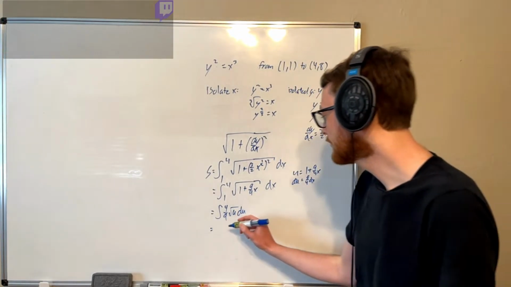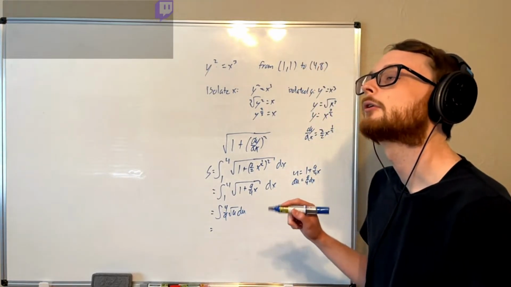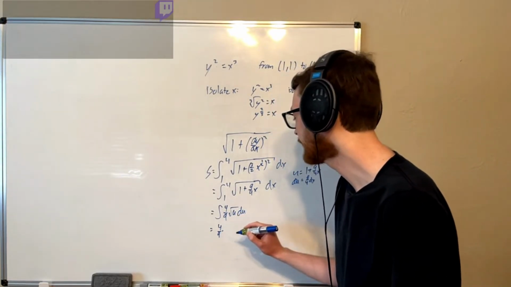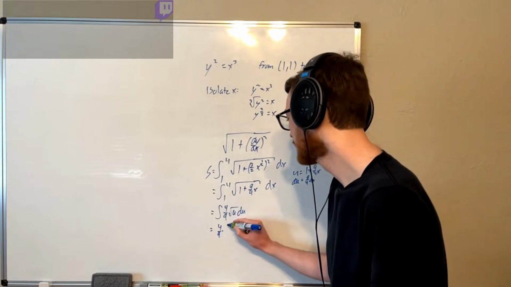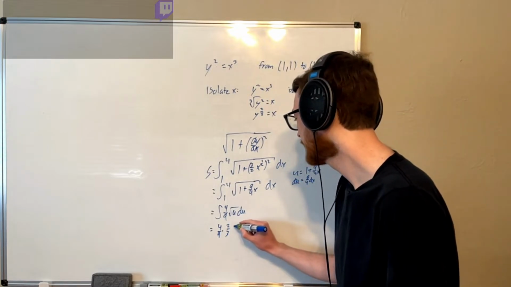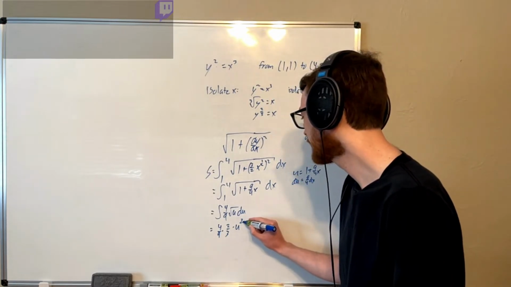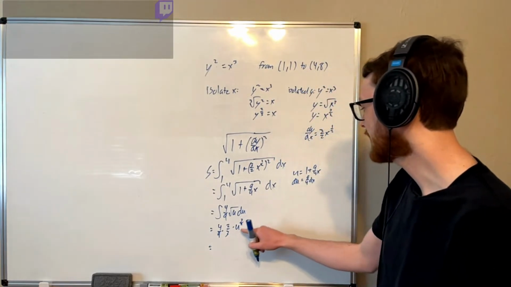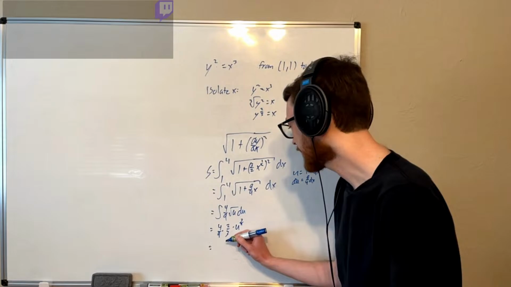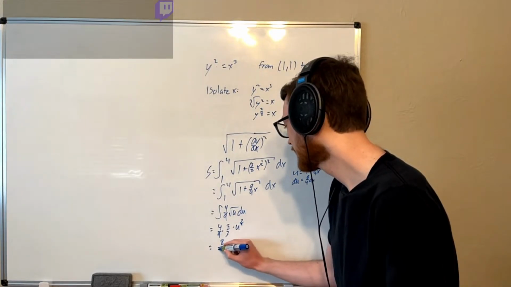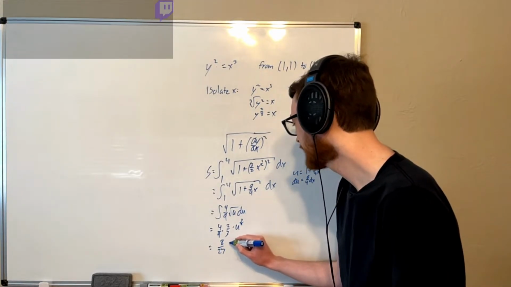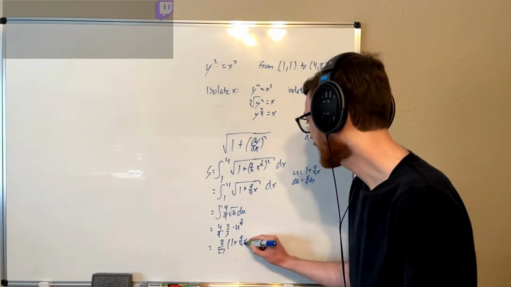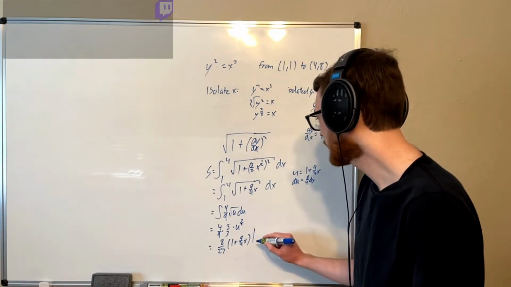Integrating root u, you do 4 over 9 times 1 over the new power, just 2 over 3 times u to the 3 over 2. And then I'm going to unsub and do that fraction math: 8 over 27 times 1 plus 9 over 4x, evaluated from 1 to 4.